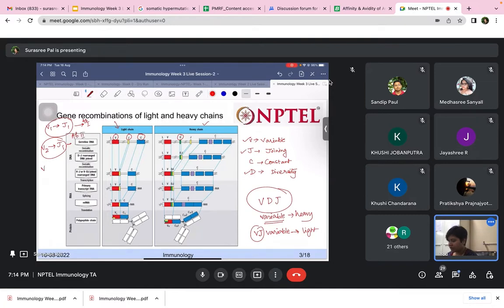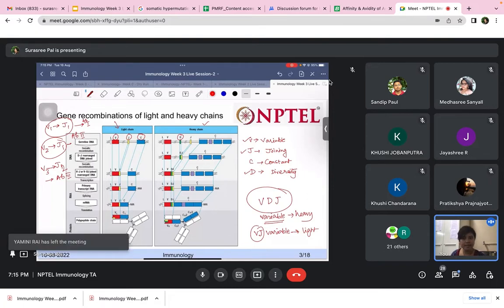If V3 pairs with J1 or J2, it will be, suppose, antibody number 3, like this. So you can understand there are actually several combinations of these gene segments that contribute to the diverse antibody repertoire present in our body. Now the interesting thing is, how do these several combinations arise?